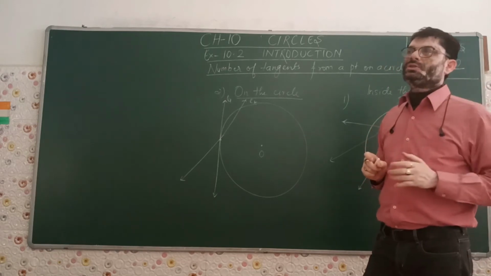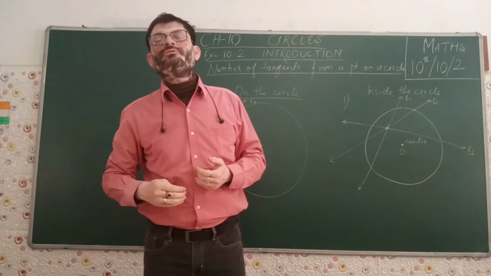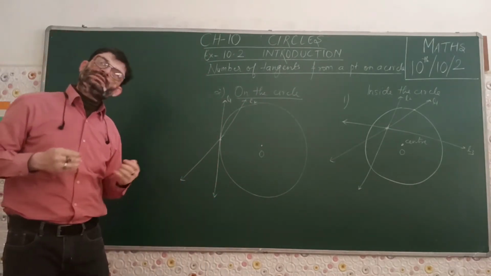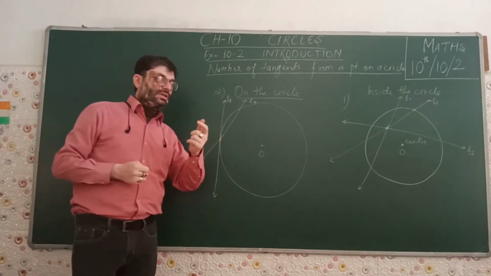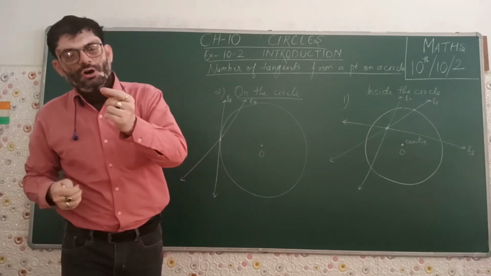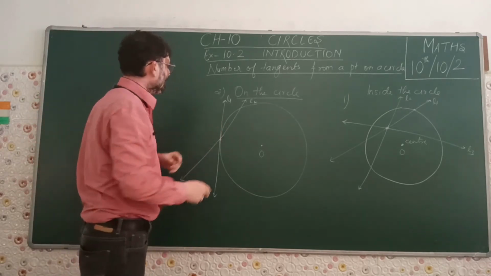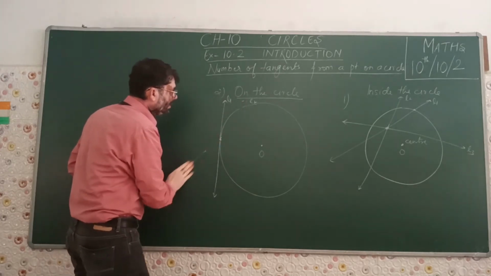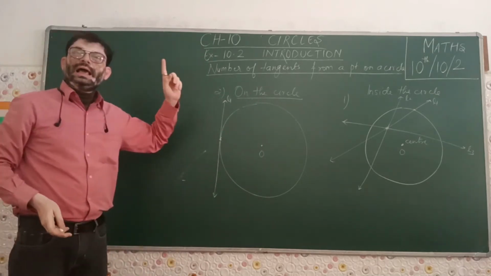In the previous section also I have told you that since there are infinite points on a circle, infinite tangents were possible. Now, if one point is given on the circle, only one tangent is possible to draw, and that tangent is L1 and not this L2. Only one tangent is possible, and the tangential line is L1.